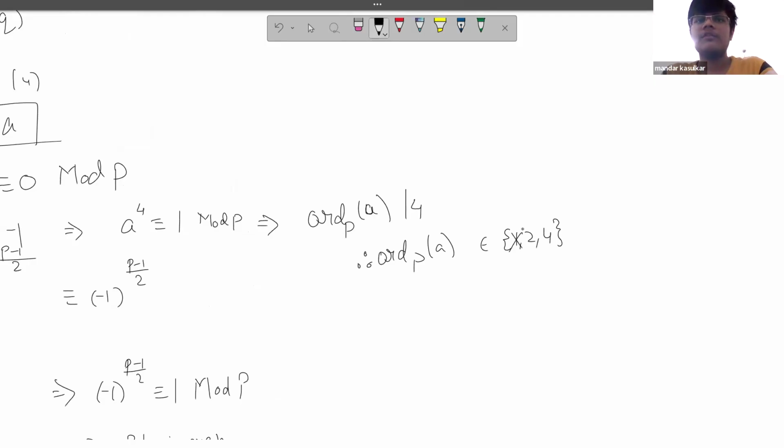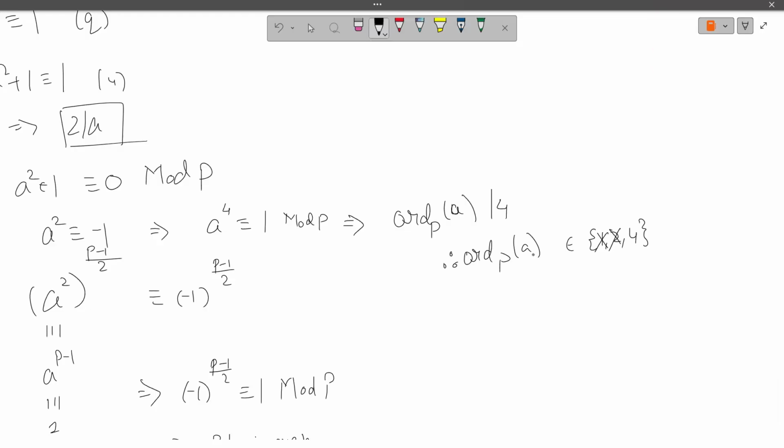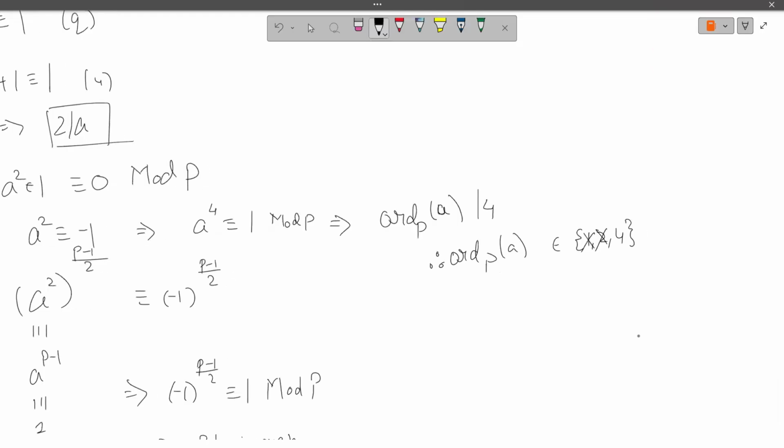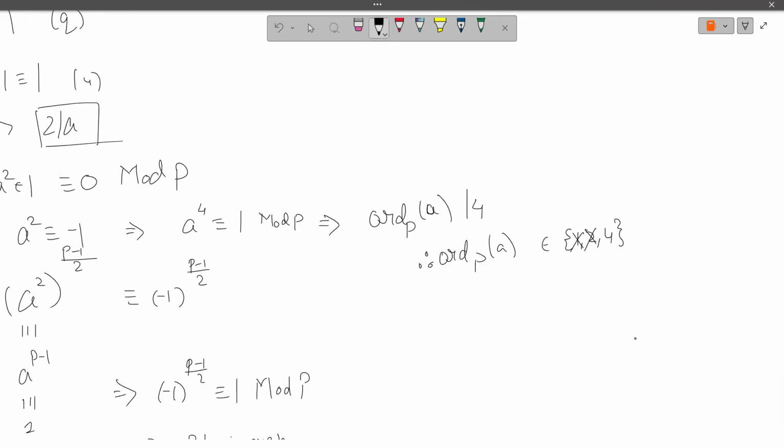Observe that it cannot be 1 or 2. Why can't it be 1 or 2? Is this clear, what we are doing right now? Yes. a to the power 4 minus 1 is congruent to 0 mod p. So if the order is 1 or 2, then a to the power 4... Take your time.